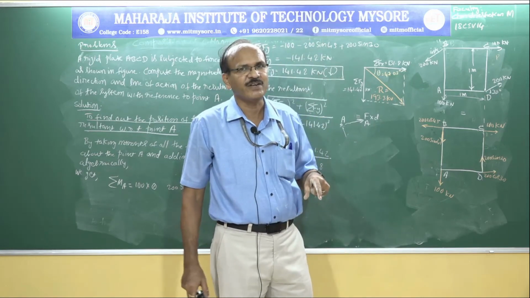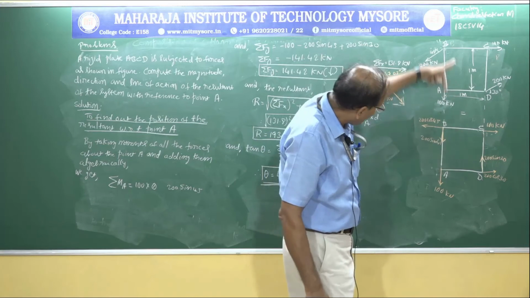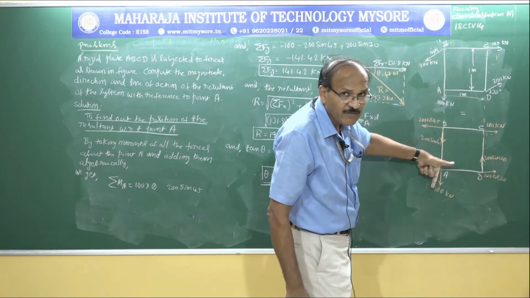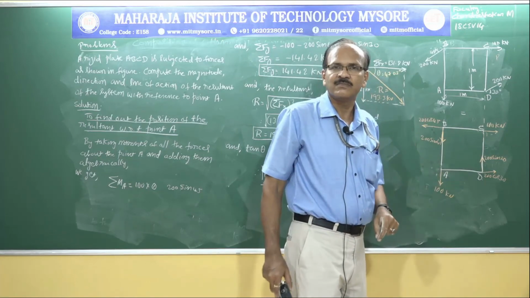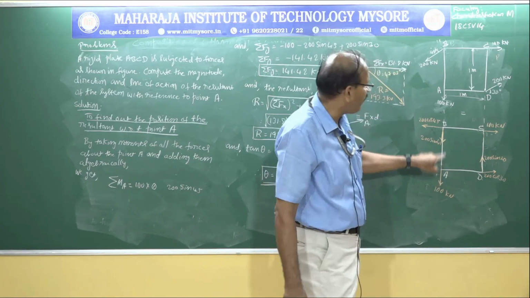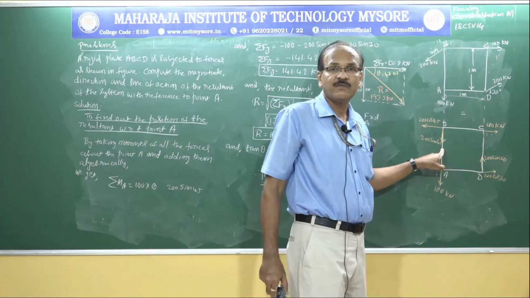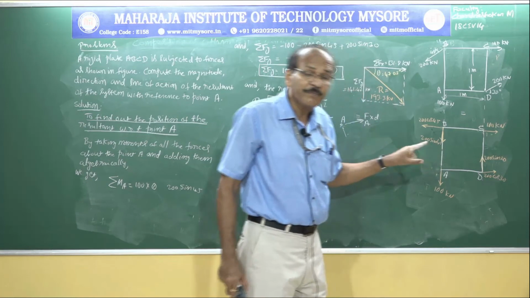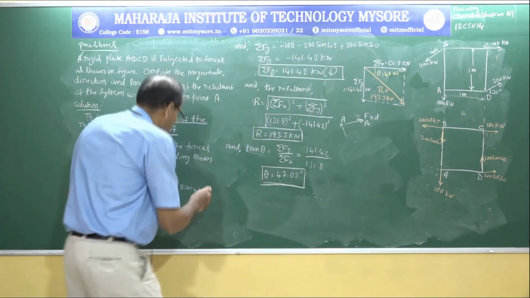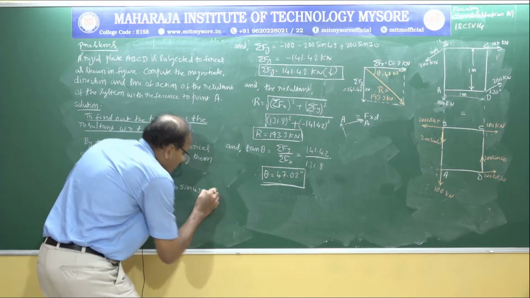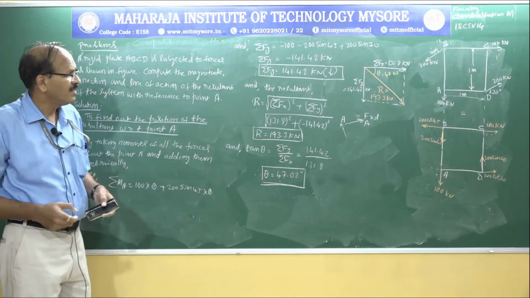So if you extend this line, the line of action of the force has point A on it. That is, point A falls exactly on the line of action of this force as well. If that is the case, what is the perpendicular distance? It is 0. So whether it is plus or minus, it doesn't matter.